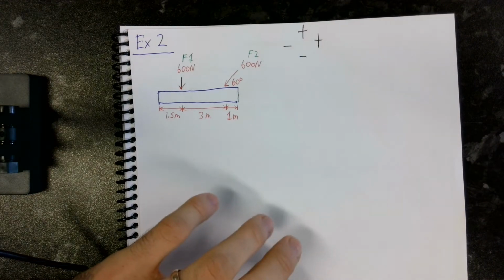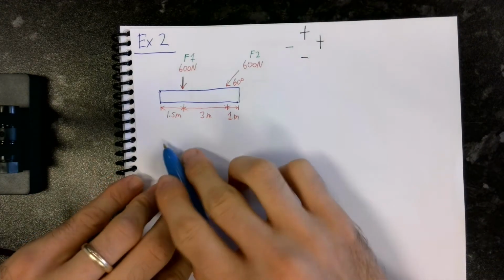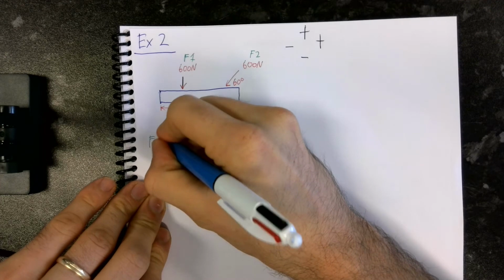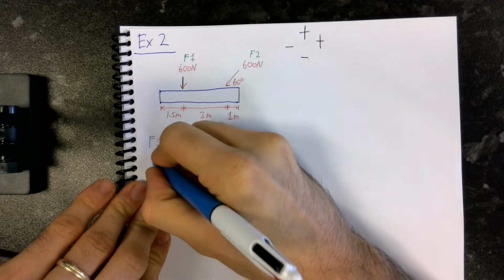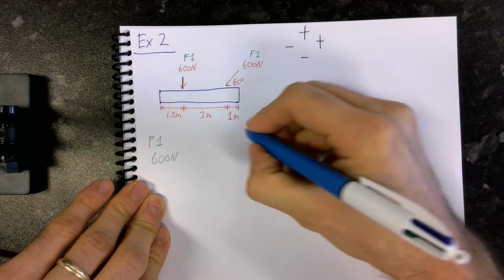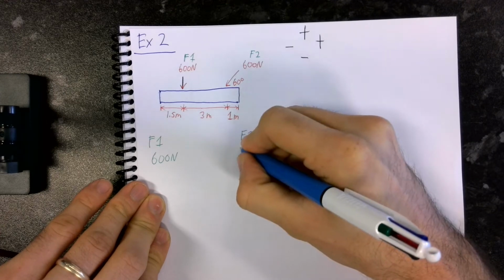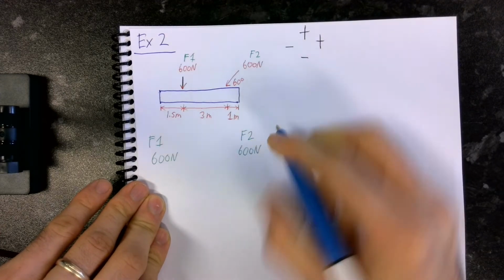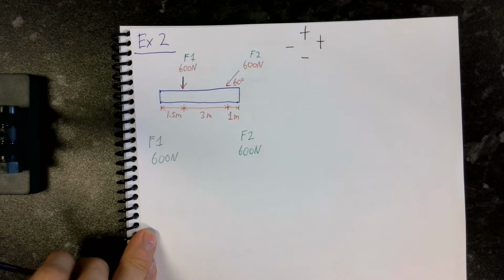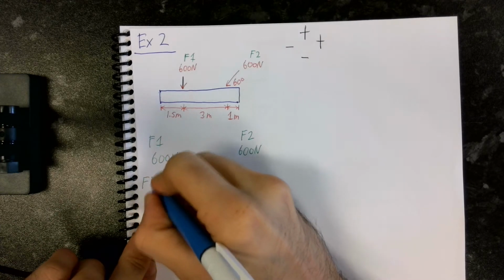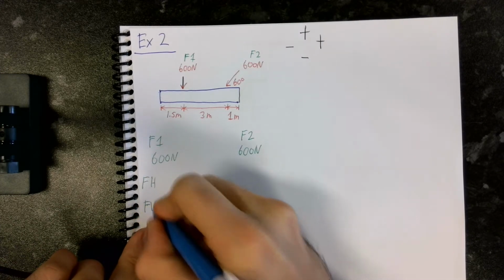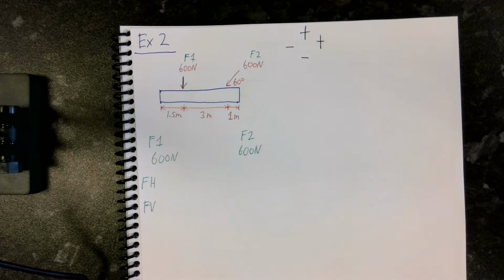Now we'll start the components. Force 1, 600 newtons. Over here, force 2, 600 newtons. Now we want to find the force horizontal and the force vertical for these two forces.